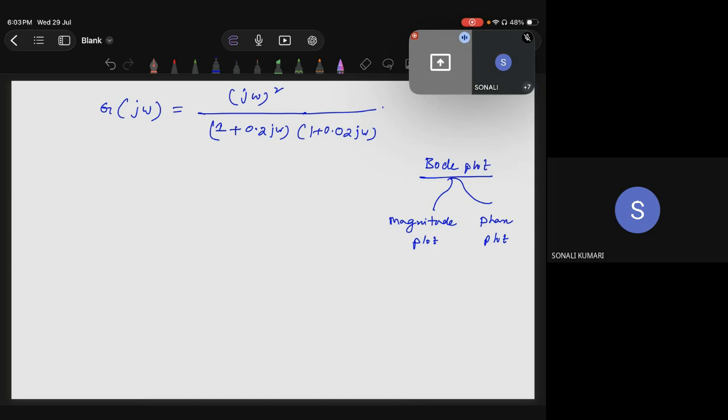For the phase plot, we require the angle of this, which we call phi. Now, we have the numerator as well as the denominator.